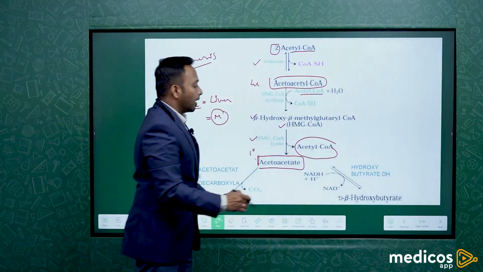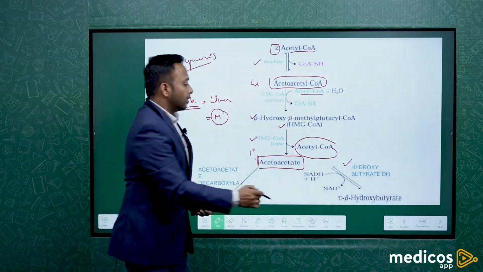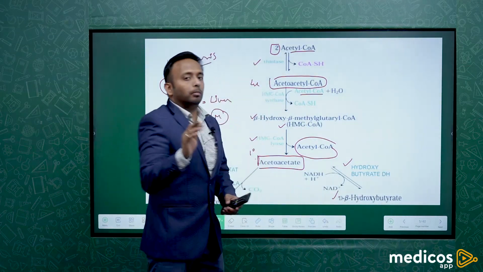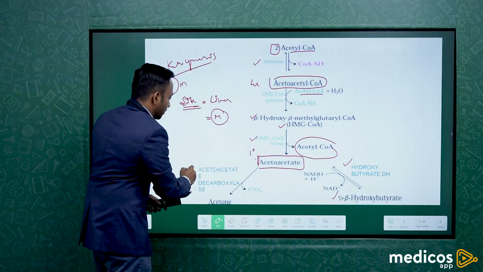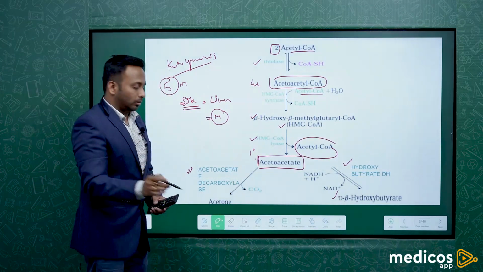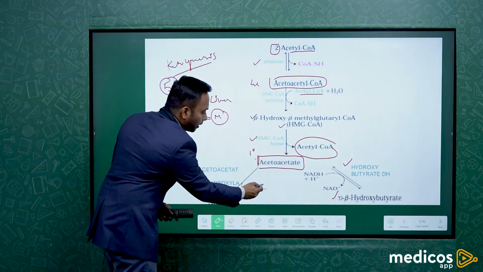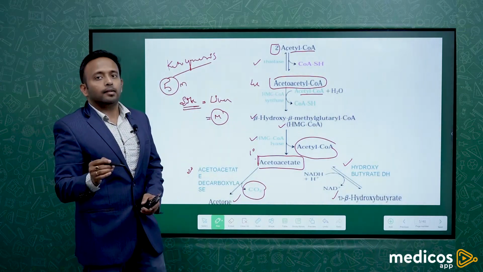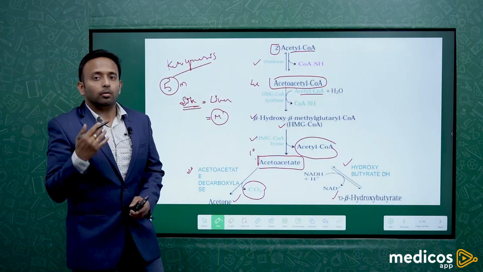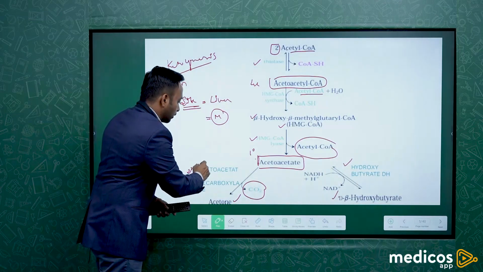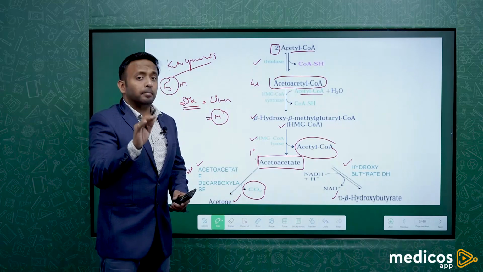One, it will undergo a reaction by hydroxybutyrate dehydrogenase to synthesize beta hydroxybutyrate, which is a more water soluble compound. Or it will undergo secondary ketone body synthesis, that is the synthesis of acetone, by a decarboxylation reaction. You are removing carbon dioxide from acetoacetate to synthesize acetone, and acetone, as you have already come across, is very volatile. With the reaction acetoacetate decarboxylase, by decarboxylation, carbon dioxide is released and we get acetone.